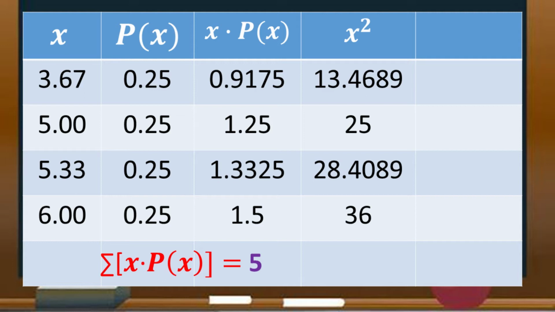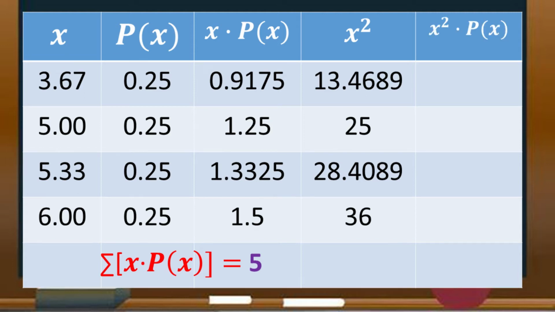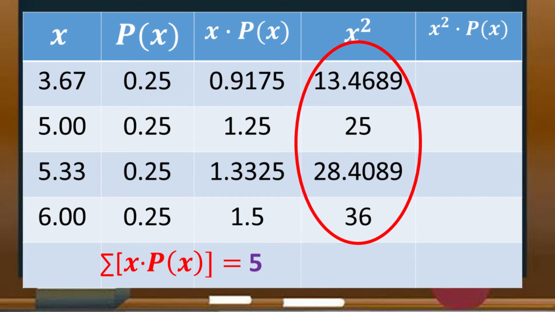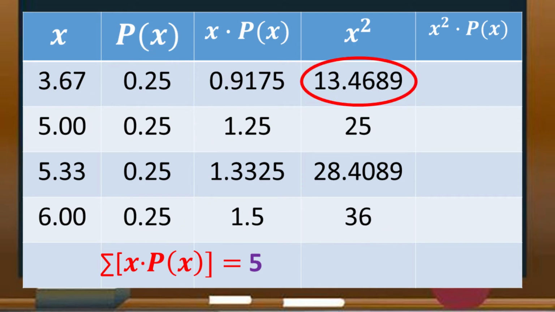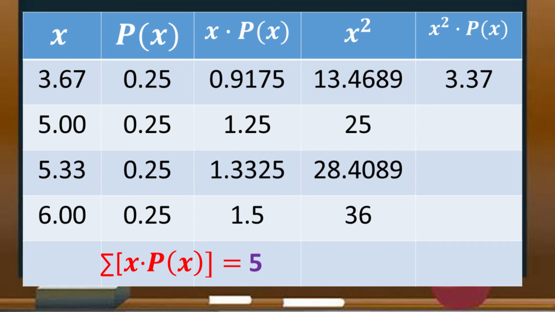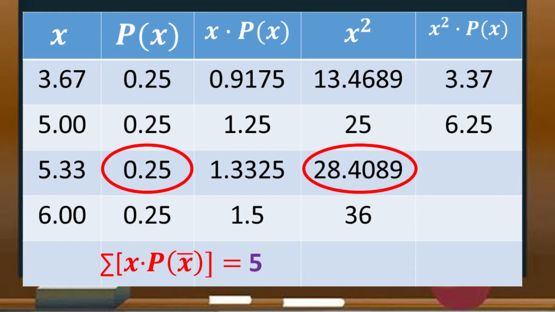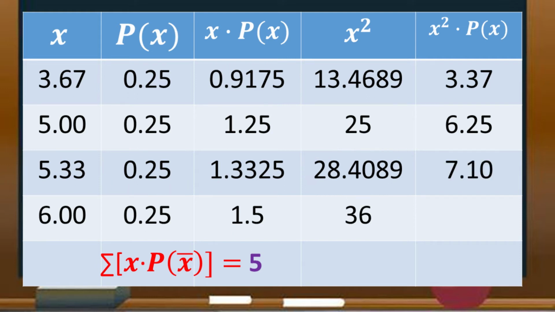For the fifth and last column, we have x squared times p of x. This means we need to multiply the values from the fourth column with the values in the second column. 13.4689 times 0.25 is equal to 3.37. 25 times 0.25 is equal to 6.25. 28.4089 times 0.25 is equal to 7.10.